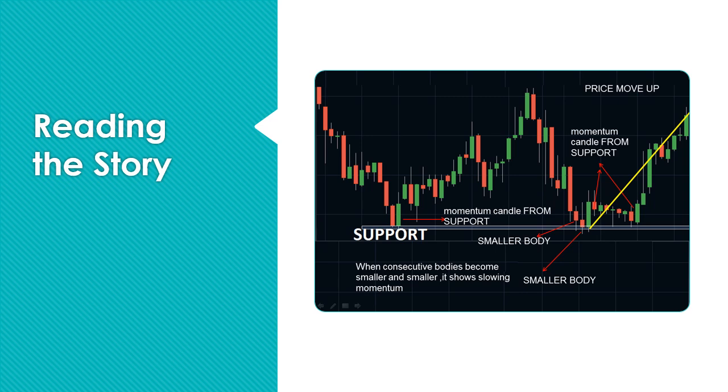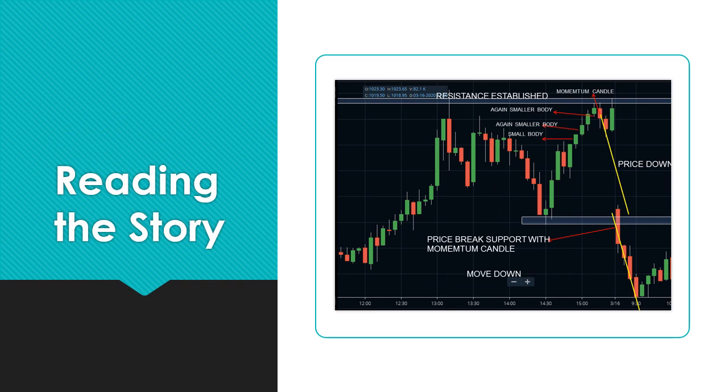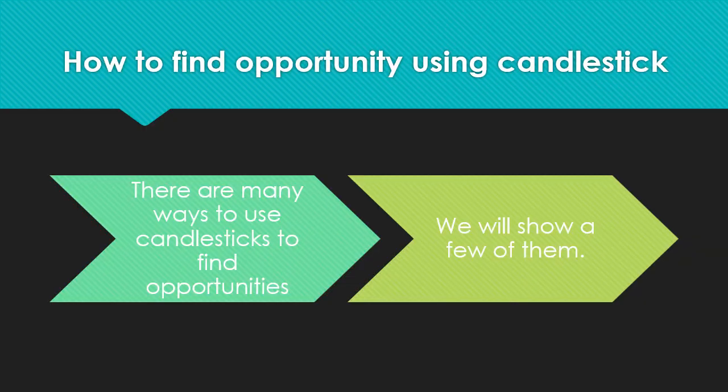We can wait for it to make a sideways turn or a reverse turn. But there's a lot to tell us by looking at the bodies. Again, the smaller bodies are showing us, as we're going from larger bodies to smaller bodies, that we're seeing the brakes being put on. Now, there are many ways to use candlesticks to find opportunities.